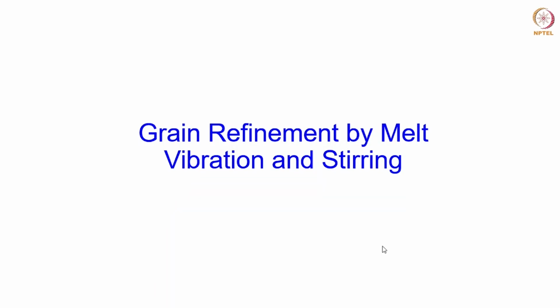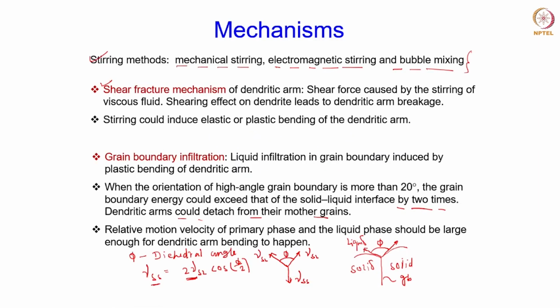So if you recall, we discussed the grain refinement by melt vibration and stirring. This is one of the ways of grain refinement during solidification, apart from the melt inoculation that we talked about before. Here, the melt is physically stirred by some means such as mechanical stirring or electromagnetic stirring, and at times you can also apply ultrasonication.